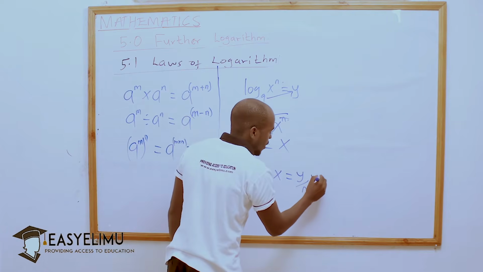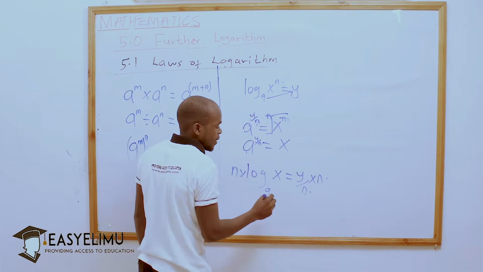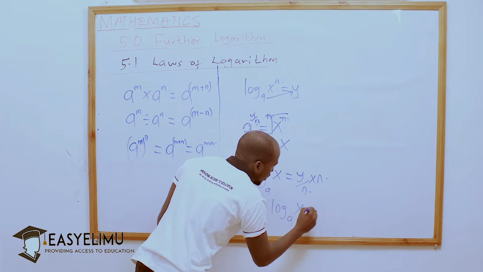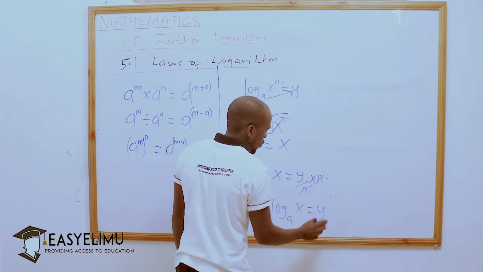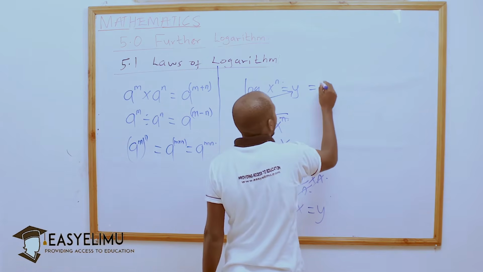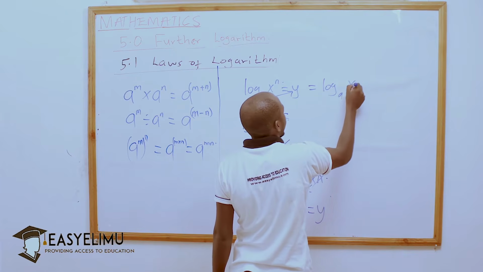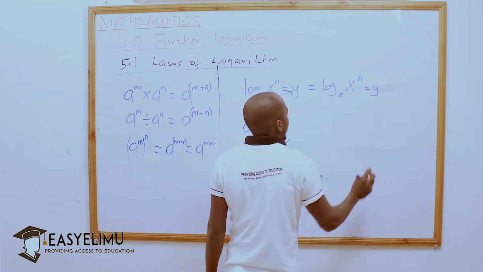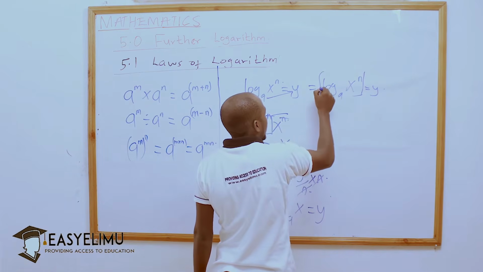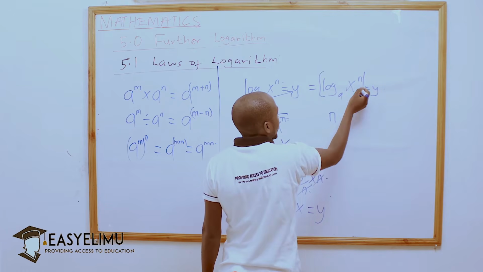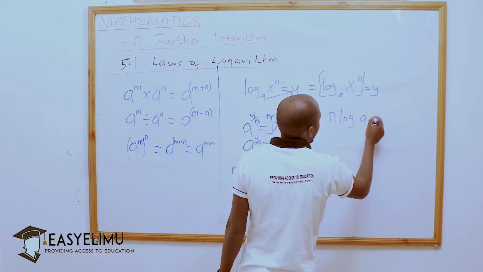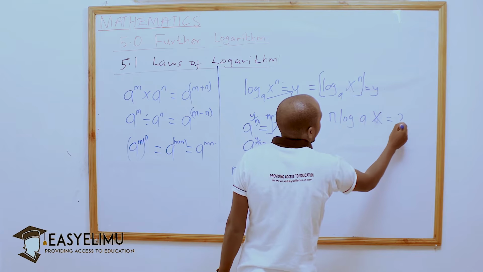But we can simplify further by multiplying both sides by n, such that we have n log of x to the base of a is equal to y. So we have found that in case you have been given any number in the form of log base a of x^n equals y, that number is the same as finding n, you take n and multiply it by log to the base of a of x, then it will give you whatever you are looking for.